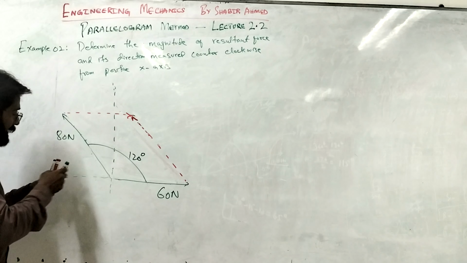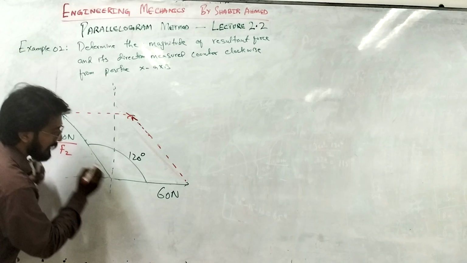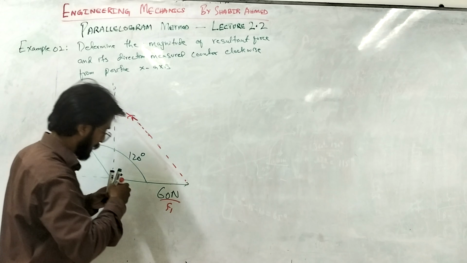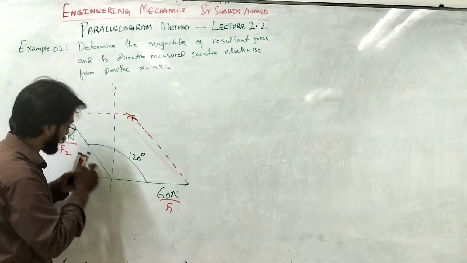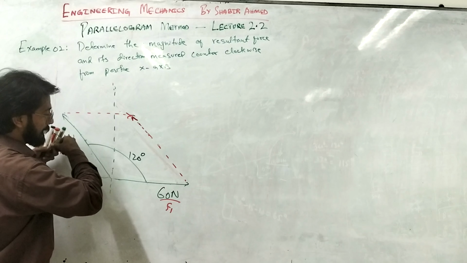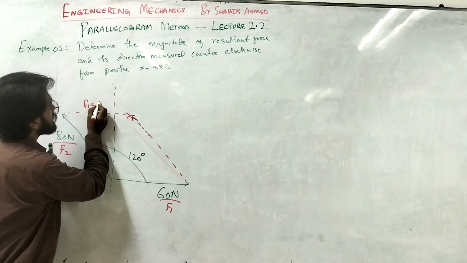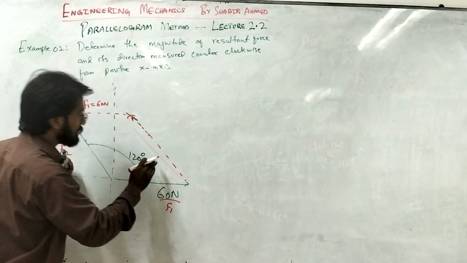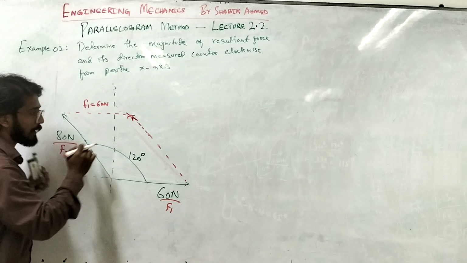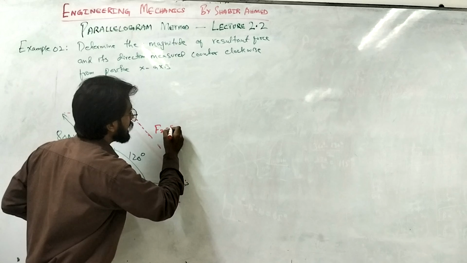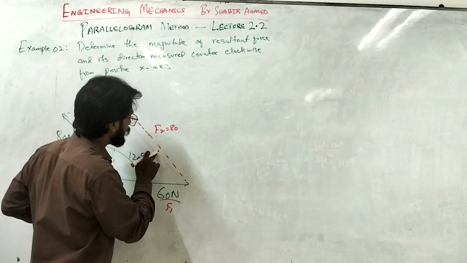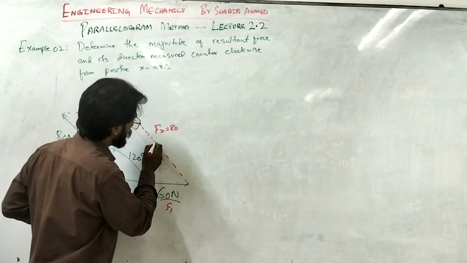So if this is F2 and this is F1, this line is parallel to this one, so this will also be F1, which will be of 60 Newton. And similarly, if this line is parallel to this one, then this will be of 80 Newton and we can call it F2.